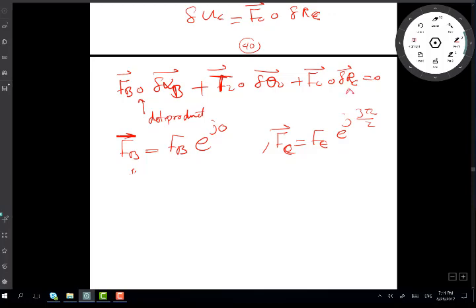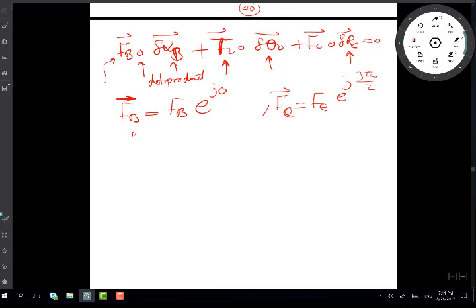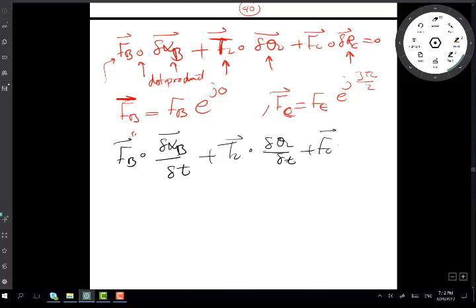But then how to deal with those other displacements and the torque as well. All right, so before we do that, I'm going to divide this equation by delta t. So I'm going to say over here, FB as a vector dot delta XB over delta t, plus T2 delta theta 2 over delta t, and then FC dot product delta RC over delta t, that's equal to 0.